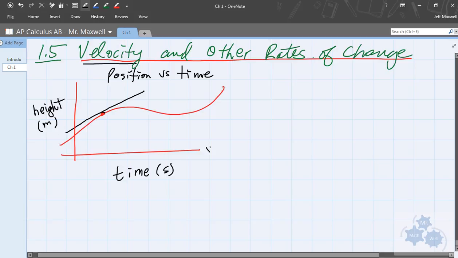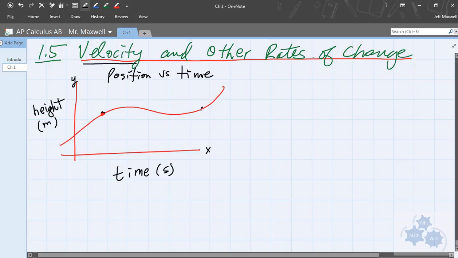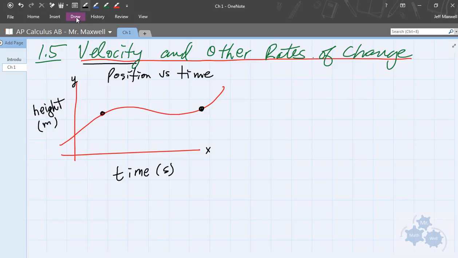So here's our x-axis and our y-axis. If we have a graph and we want to find the slope of anything, let's back off from the slope of the tangent line. Let's just say we want to find the slope of the line connecting these two points right here.